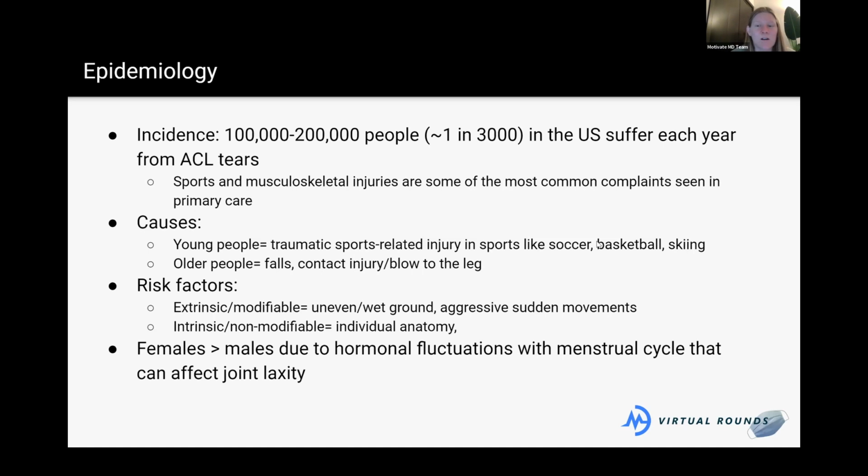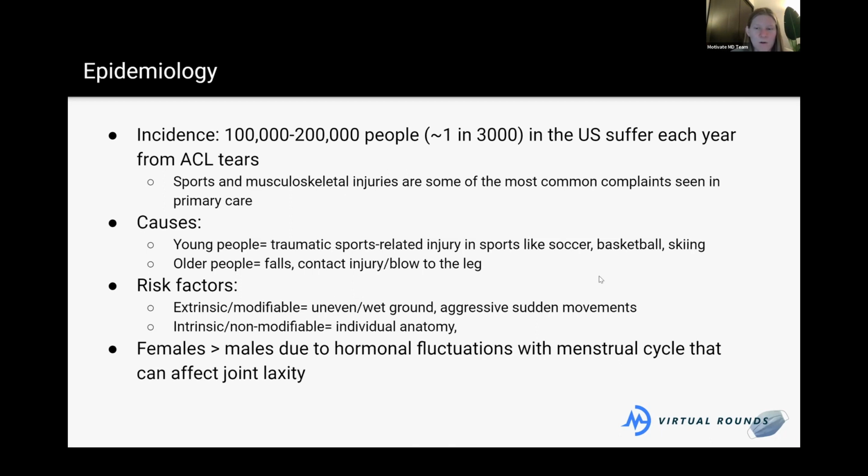So things like soccer, basketball, and skiing are really big culprits of ACL tears. And then in older people, because they're often not out on the court playing basketball really aggressively, they can still have these types of injuries. It can be due to things like falls, or if they have a contact injury or blow to the leg, that can also be a cause.